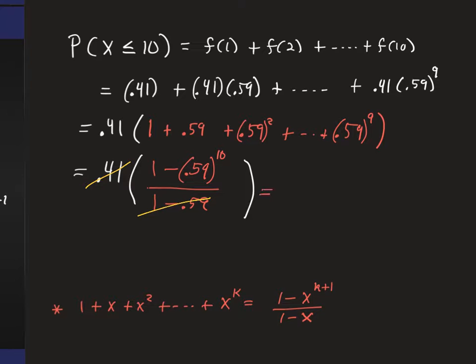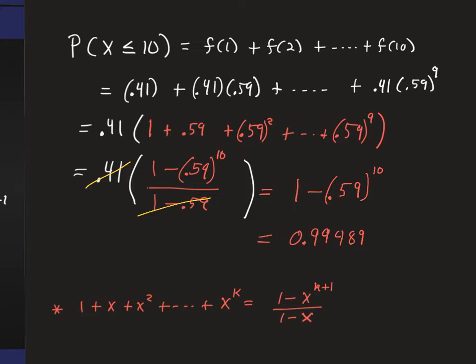And this whole summation simplifies to 1 minus 0.59 to the 10th. And then you could plug that into your calculator and get an answer. So this is about 0.99489, we'll call it.